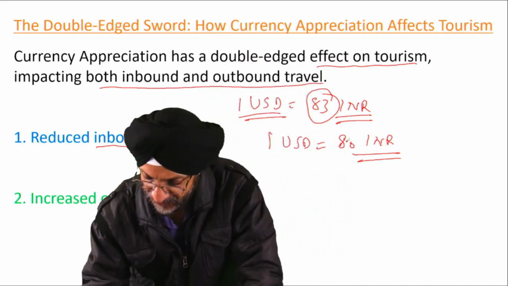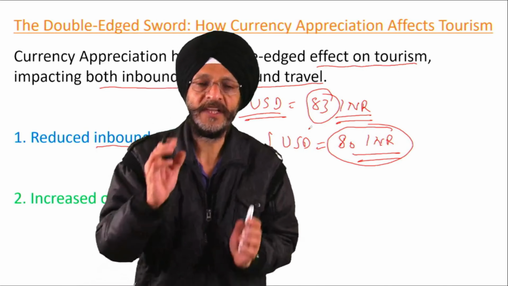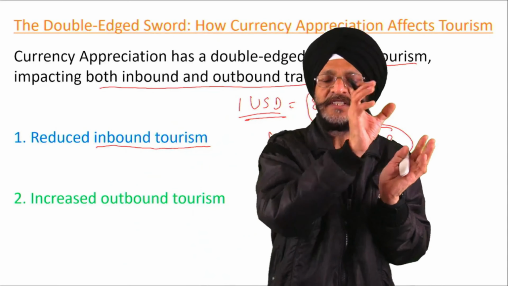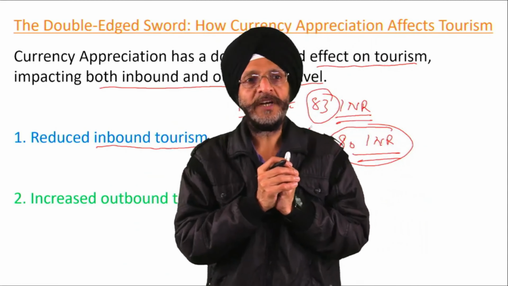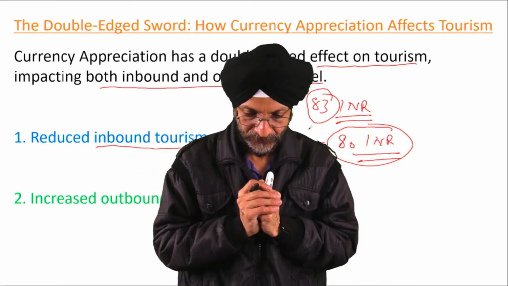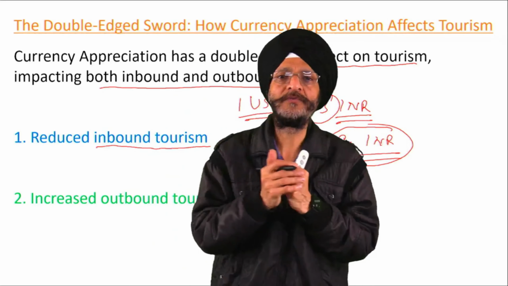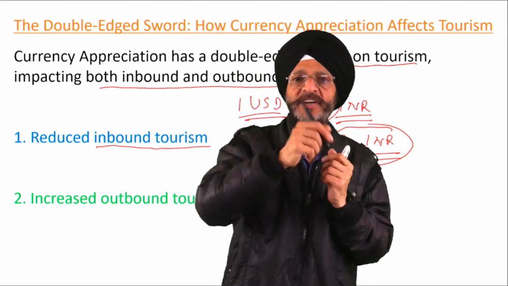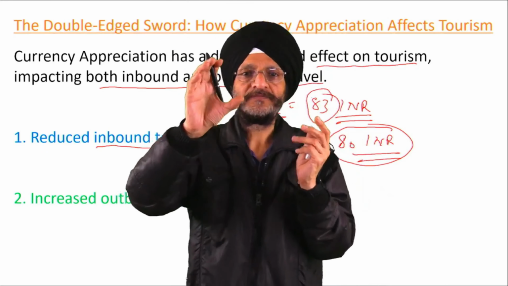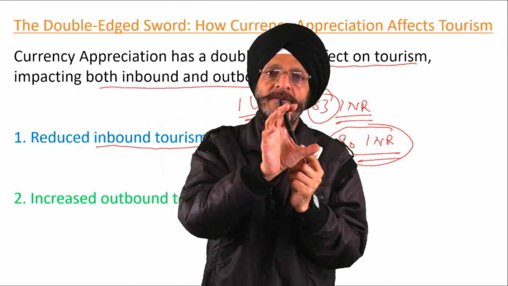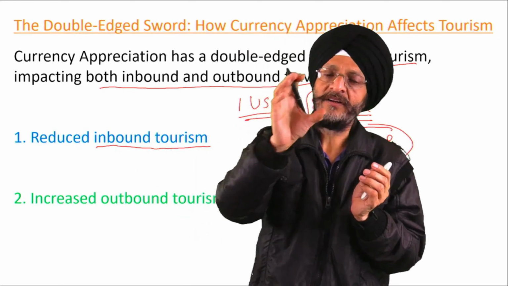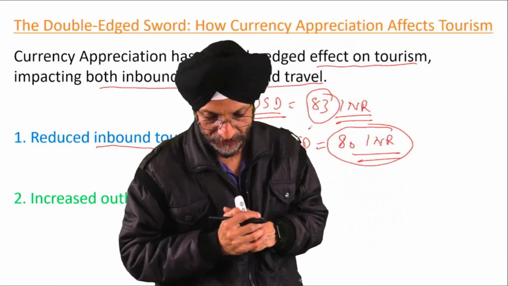So when they get less in return for the same US dollars which they are spending, it will naturally adversely affect the tourism industry also. It can hurt the revenue of the tourism sector in the appreciating country, because the foreigners will have to reduce their duration of stay in the country where the currency has appreciated.